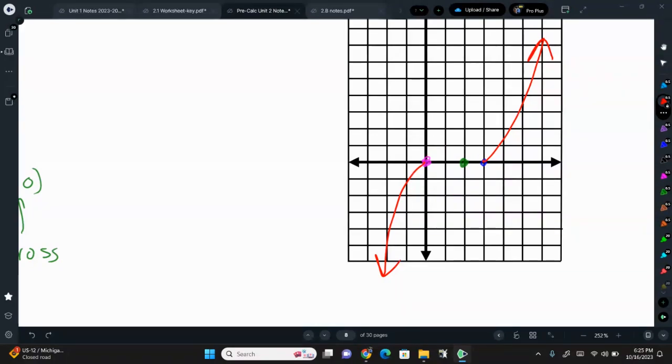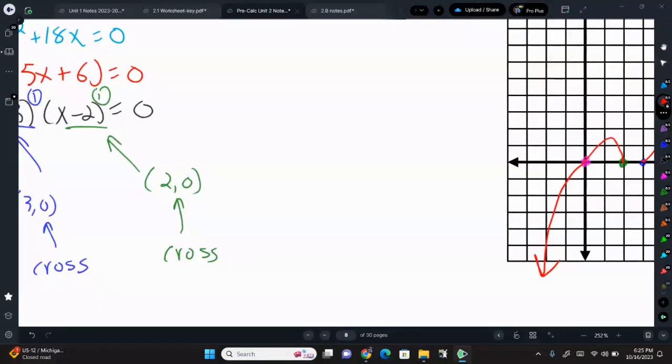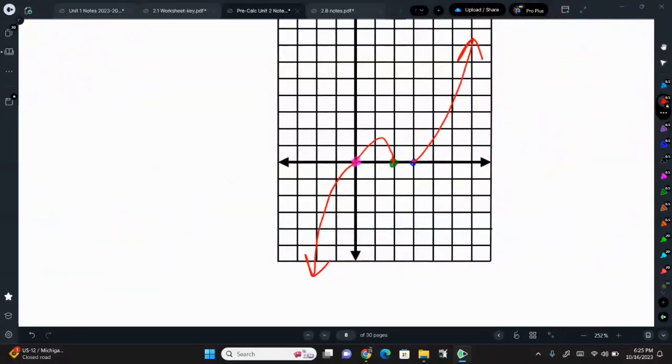So all of our x-intercepts are crosses. So my graph's got to come up, and then it's got to come down and touch this x-intercept, and we have to cross because we identified that right here. So we got to cross, and then we got to come back up and touch the blue one, and you see the graph is now connected.